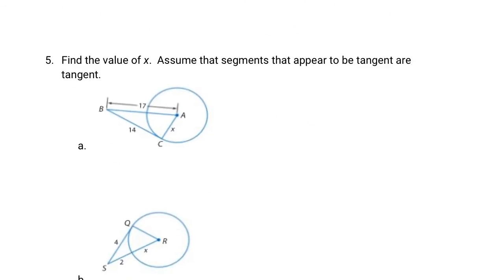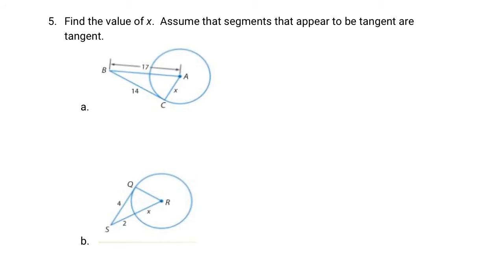Let's do another one. We want to find x here, and we're going to assume that BC in this case is tangent. So that means this has got to be a right triangle. 17 is our hypotenuse. That means 17 squared is going to equal the sum of the other two sides squared. So 14 squared plus x squared.